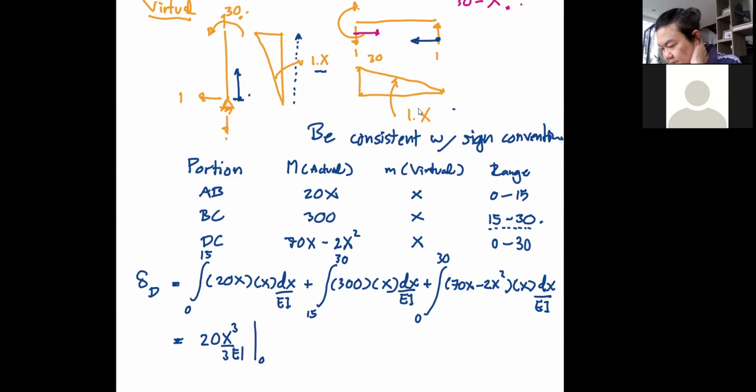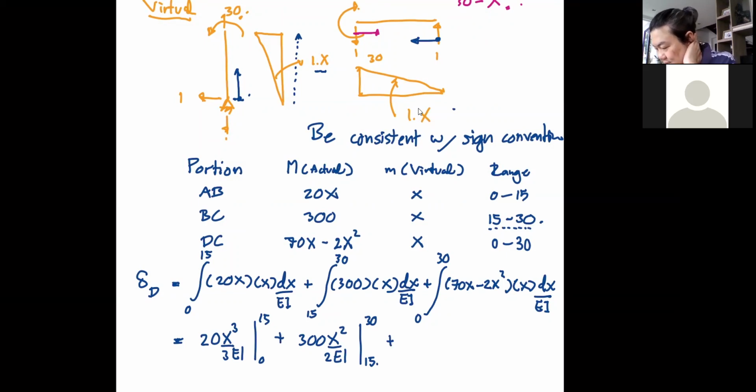From 0 to 15, plus, right now it's 300x, so it becomes 300x squared over 2 EI. From 15 to 30, be mindful again, for this range you have to have two values and then subtract them. And then this, it's 70x squared, right?